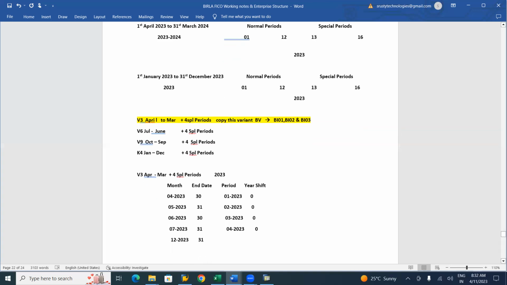What would be the period? December would be the 9th period, correct? April is 1st, May 2nd, June, July, August, September, October, November, December. So that would be the 9th period. This is the same year, so the year shift is 0.